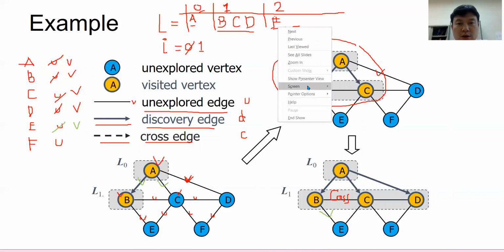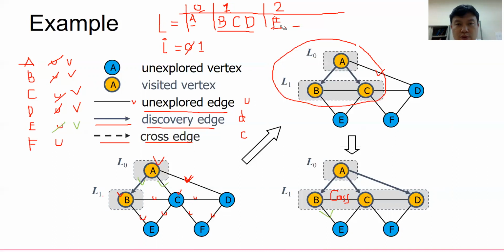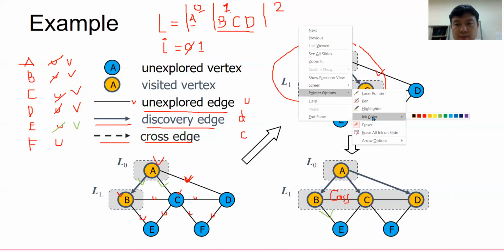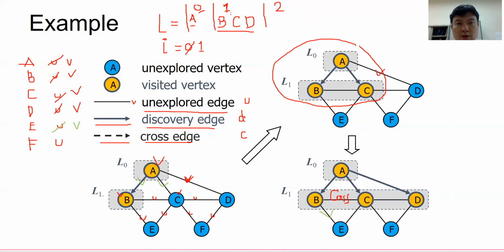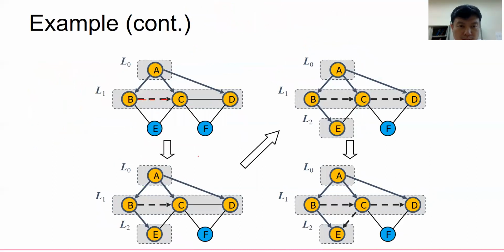To avoid the confusion, here is the E. After I have the E, you can go to the next node, because I have already finished with this edge.